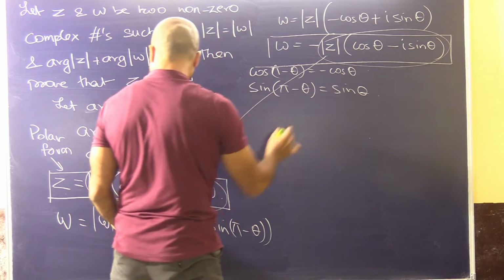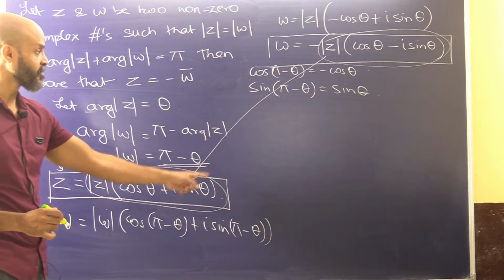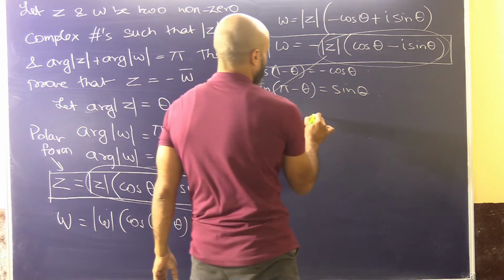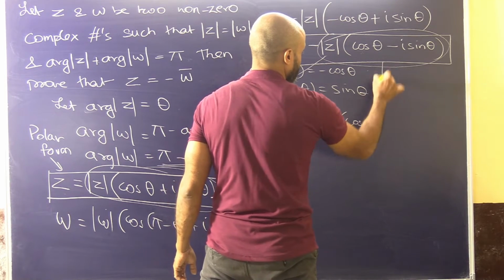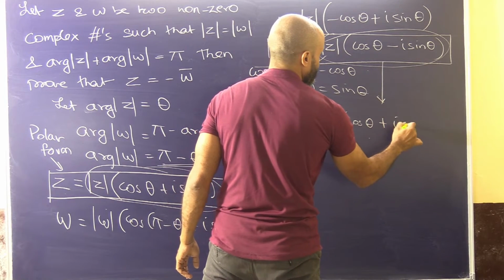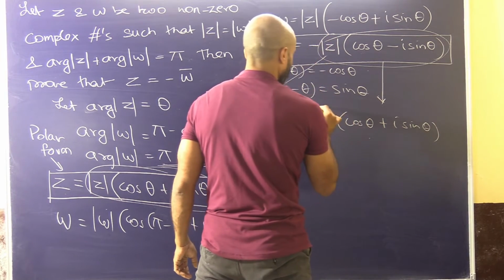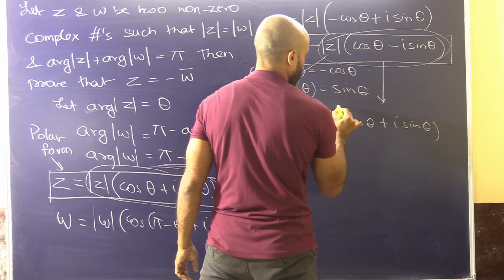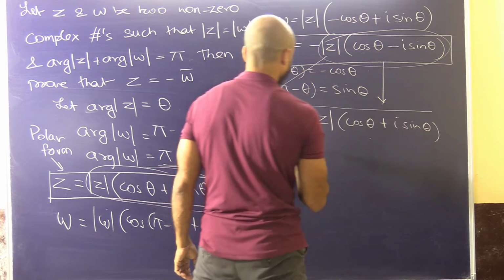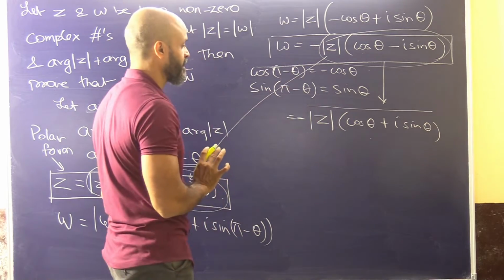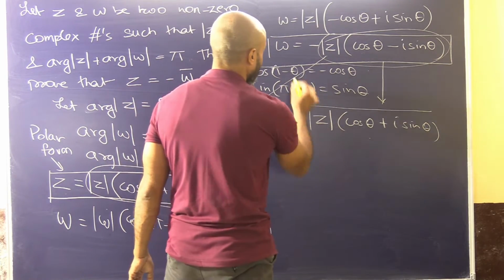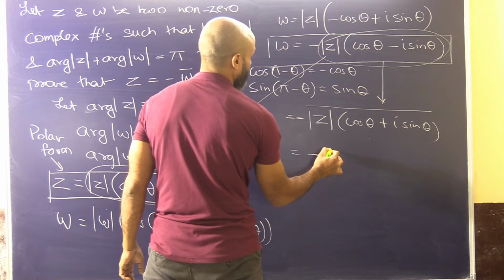This part is basically the conjugate. If I put the conjugate here, this will be minus mod z cos theta plus i sin theta, the entire thing conjugate, and this minus is basically outside it, and this is what? z. So we can put here z.